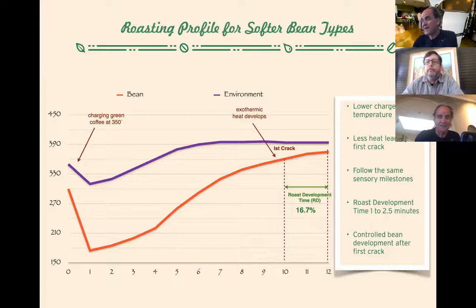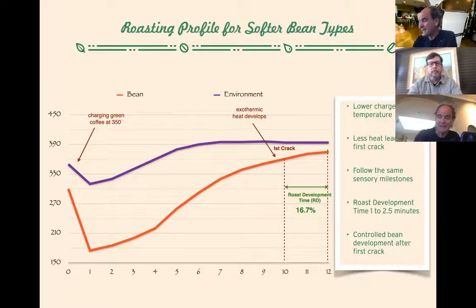And at all times, you really want to ensure a controlled bean development after the first crack. What does that mean? That your rate of rise is definitely not higher than 10 degrees after first crack. You might want to actually keep it between 3 to 6 or 7 degrees Fahrenheit.